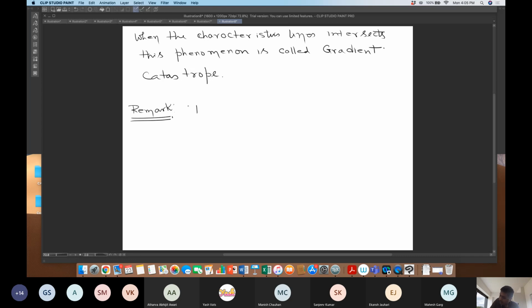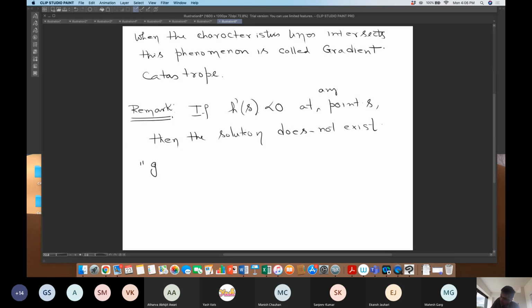If h prime of s is less than 0 at any point s, then the solution does not exist globally.